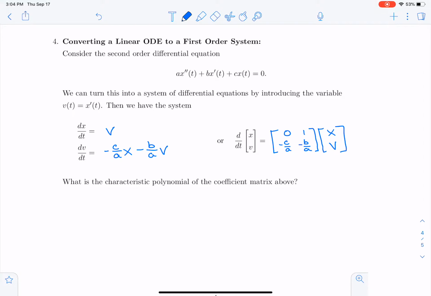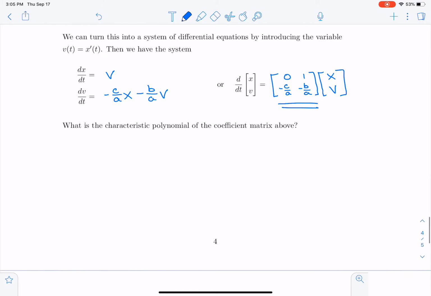Now, we'd like to solve this using the same ideas with eigenvalues and eigenvectors. And the first question that we're going to ask is what is the characteristic polynomial for this matrix? Well, we need to take the determinant of that matrix.